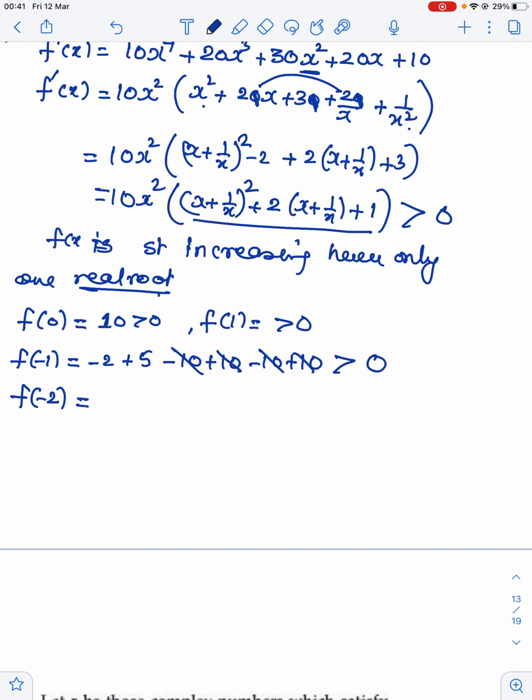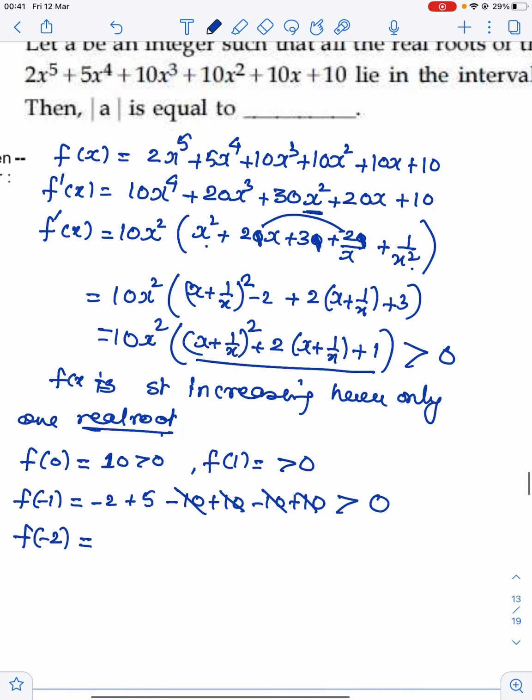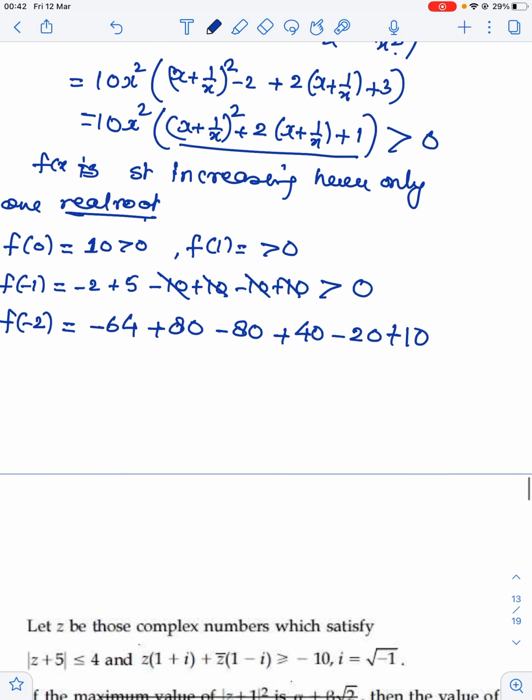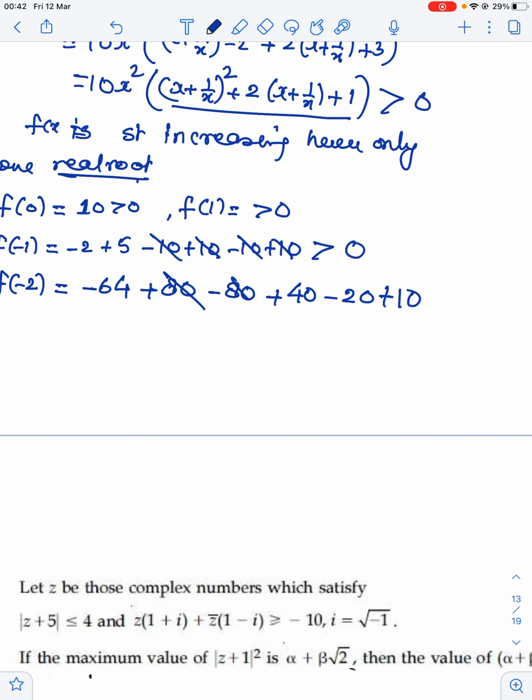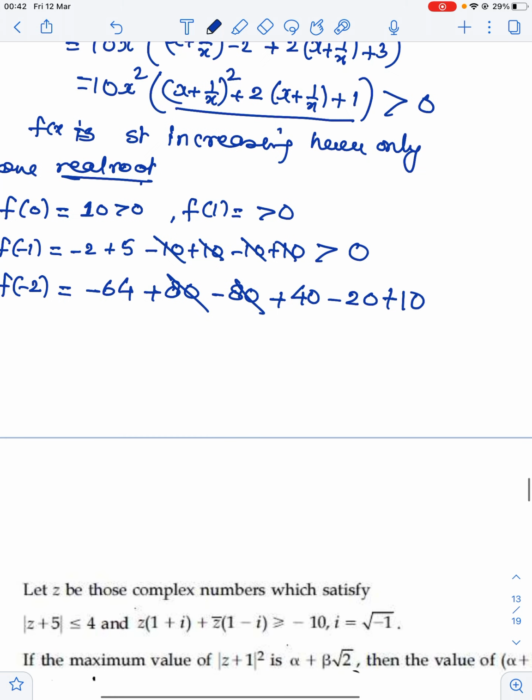Let us check f of minus 2. At x equal to minus 2, it is minus 32 into 2, minus 64, plus 80, minus 80, plus 40, minus 20, plus 10. So minus 80 plus 80 is gone. Overall, minus 64 and minus 2 is minus 84, while the plus is only 50.